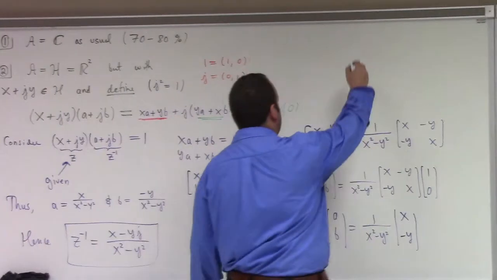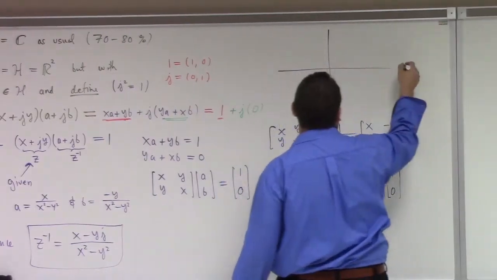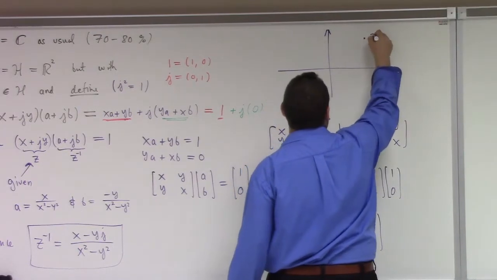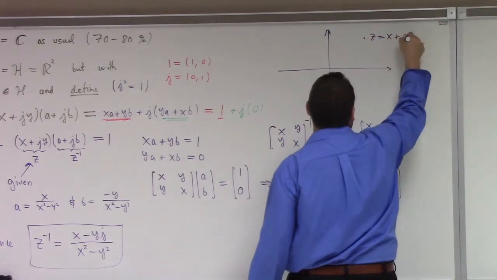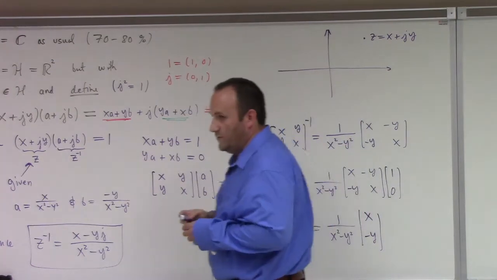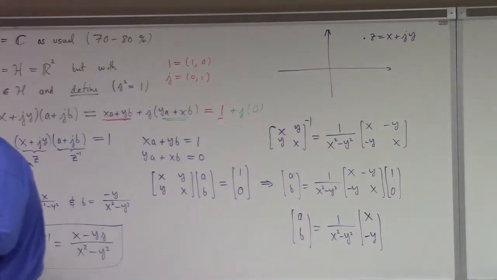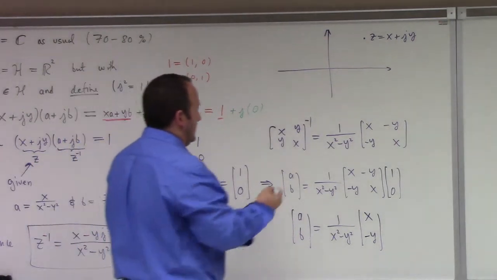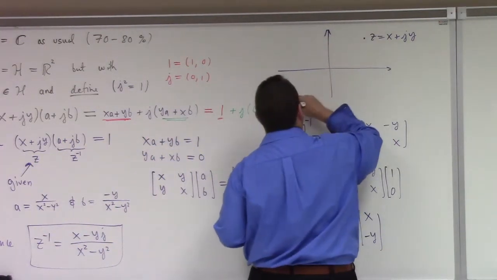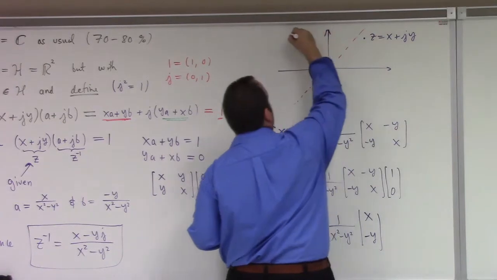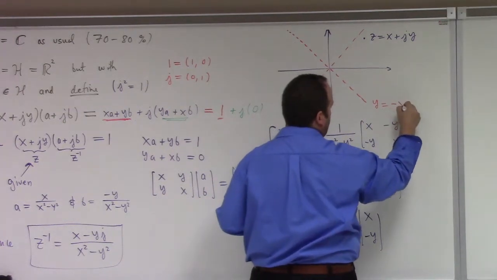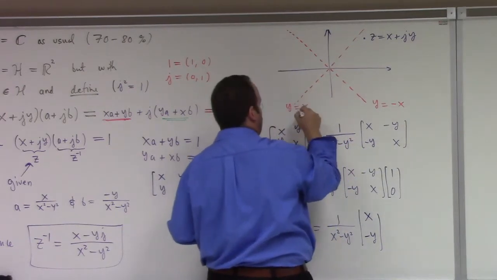If we were to draw a picture of the hyperbolic numbers, suppose this typical point here is z equals x plus jy. Which hyperbolic numbers have multiplicative inverses? Apparently, we've got to avoid these two lines here: y equals minus x, y equals x.